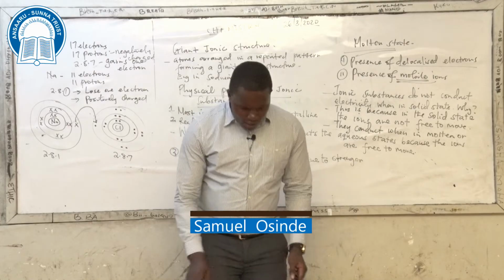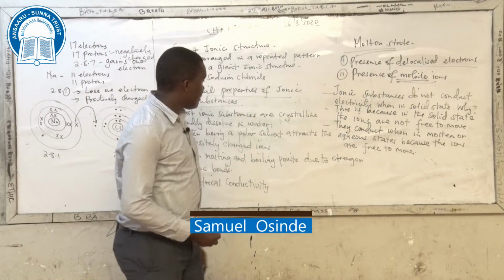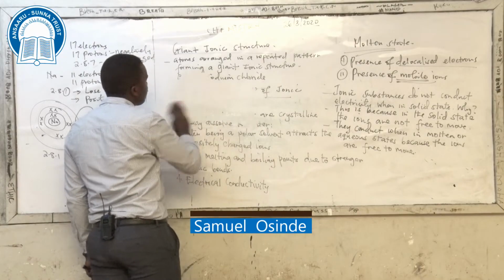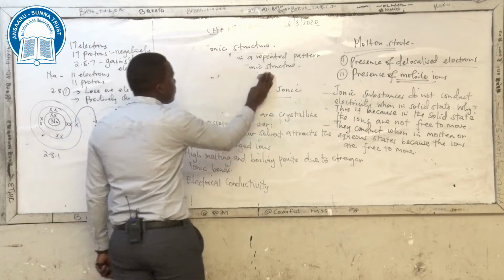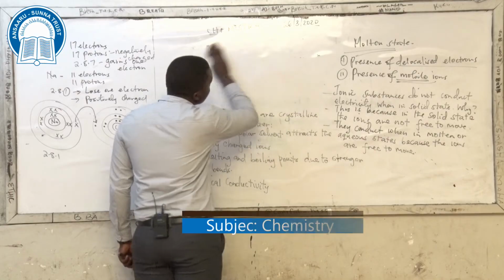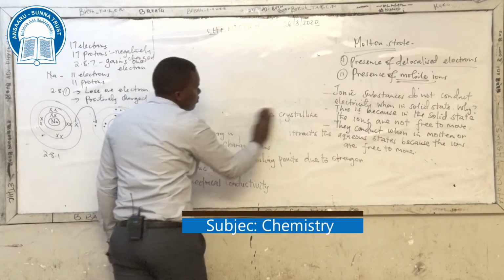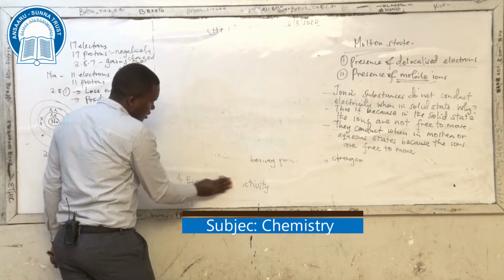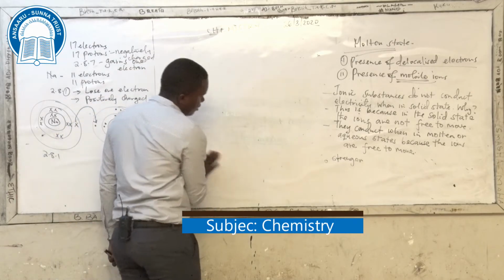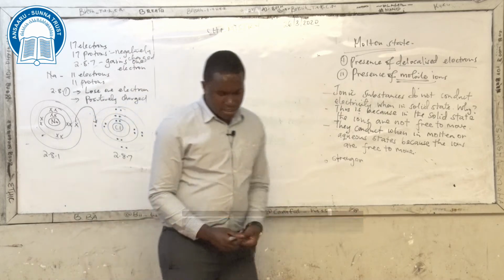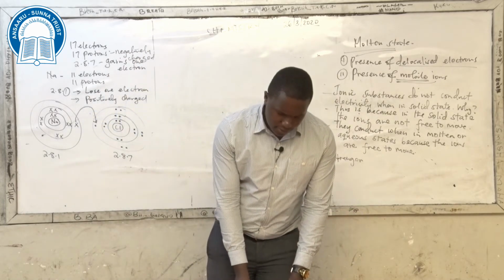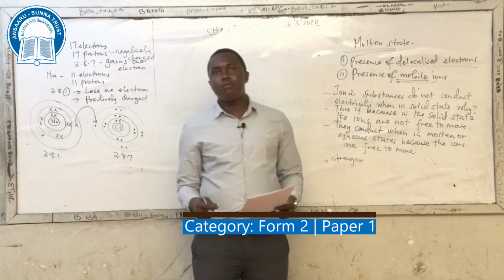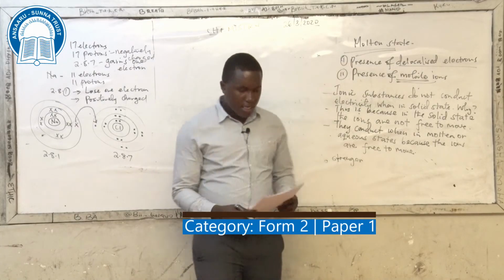So just for your assignment for the ionic bonding, I want to give a class general assignment here. You are going to try to draw the structures of these ionic substances using a dot and a cross. Once you assign a dot for one atom, you will assign a cross for the other atom.